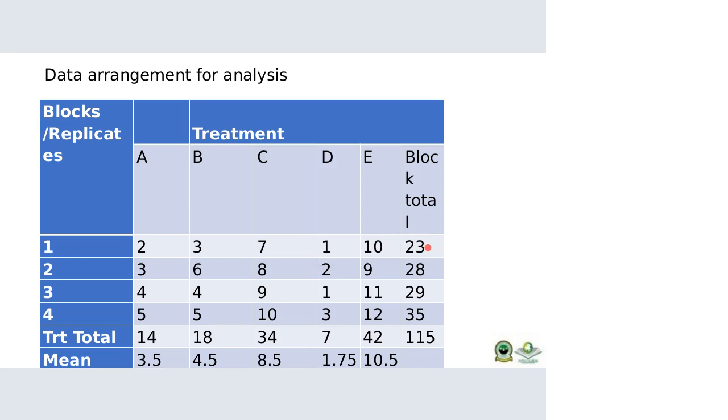We still have to do the square of 23 over the number of variables that made up 23, which is 5. So 23 squared all over 5, 28 squared all over 5, 29 squared all over 5, 35 squared all over 5.